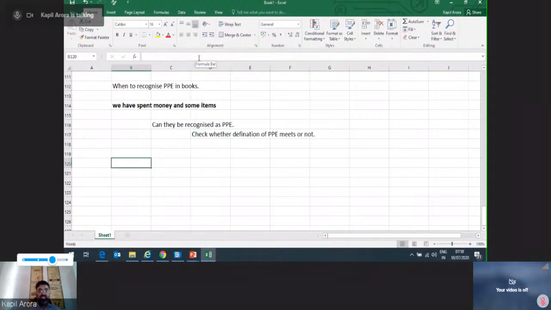I will just give one example here. Let's say I have an apartment. Whether this apartment will be considered as PPE or not. I have an apartment, I have a flat. Whether this flat will be considered as property, plant and equipment or not.